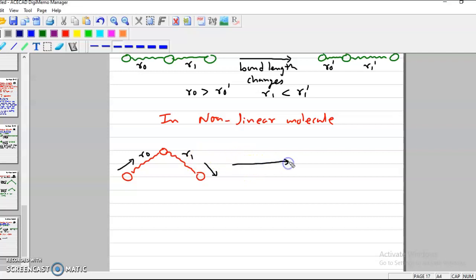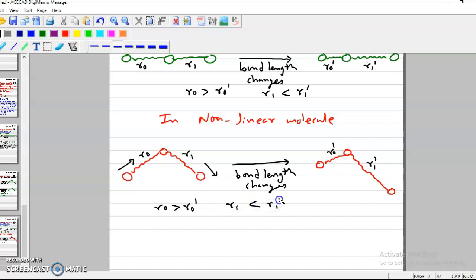See this. One central atom as it is, this left side atom is coming closer and right side is going away from this. So we will find a change in bond length in both the cases. Now we have new bond lengths R0 dash and R1 dash over here. Here also R0 will be greater than R0 dash and R1 will be less than R1 dash.